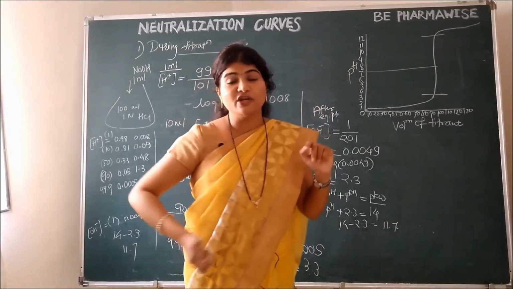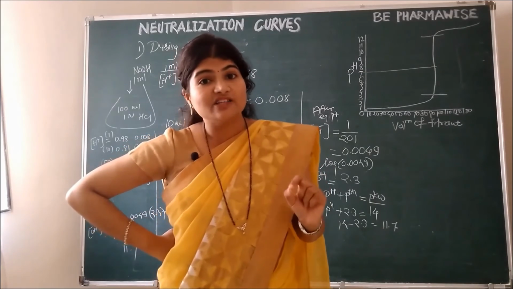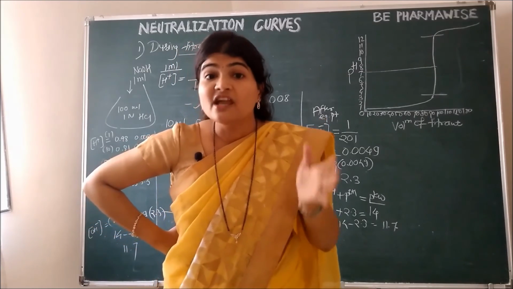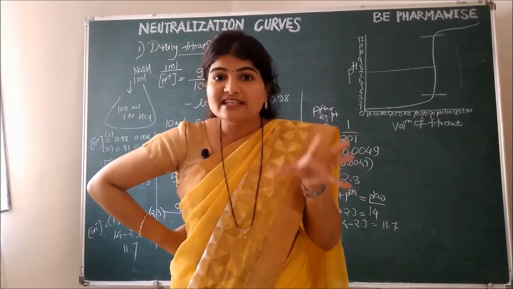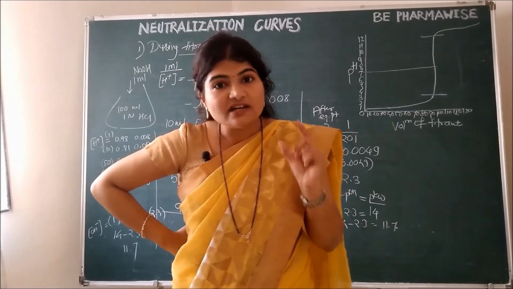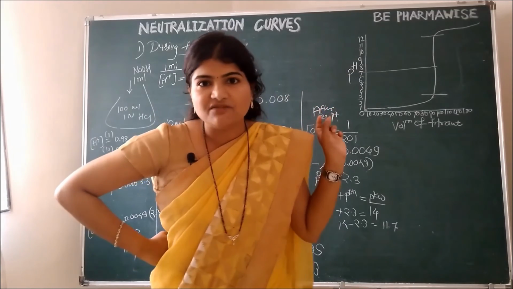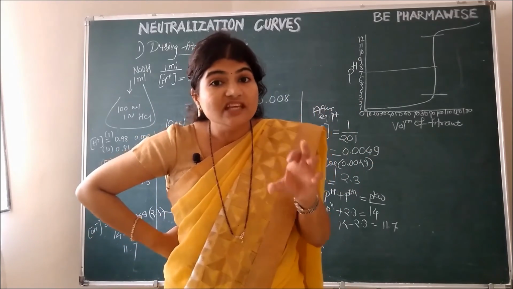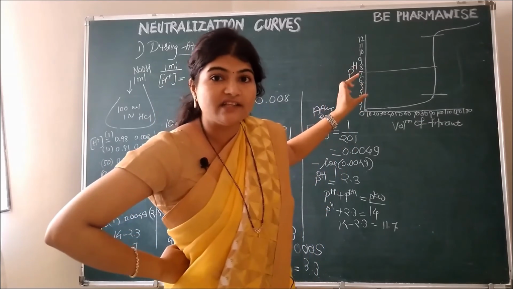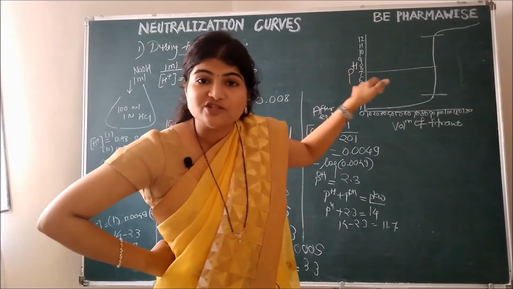The pH at the equivalence point is very important for selection of a suitable indicator. For selecting a suitable indicator, you should consider the pH at the equivalence point. Your indicator range should be within pH plus minus 1 of your equivalence point.